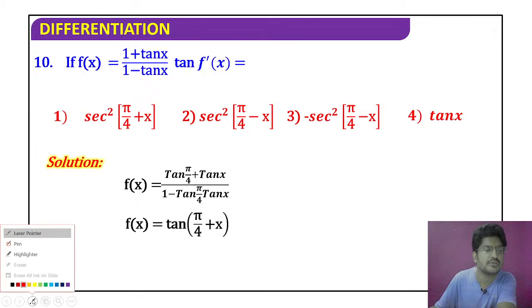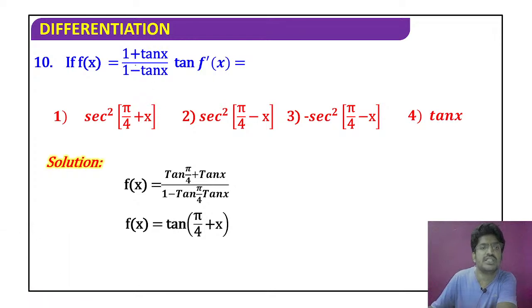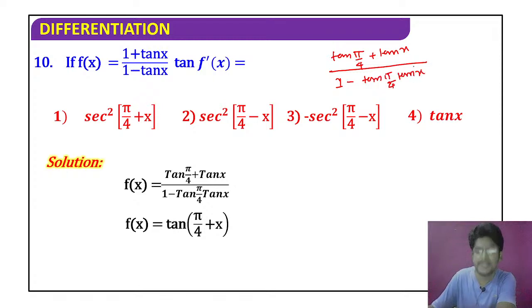Have you got my point? So I will write this as tan pi by 4 plus tan x divided by 1 minus tan pi by 4 into tan x. Do you know why? Because this is nothing but 1 into tan x. So now you can write this as tan of pi by 4 plus x. Clear? Now easily you can differentiate this.